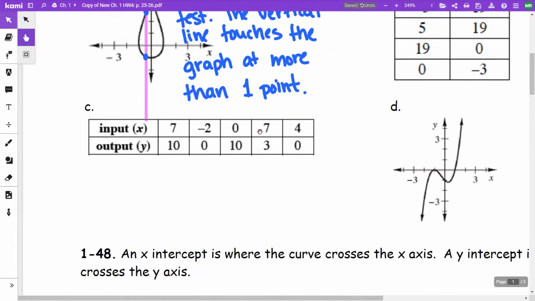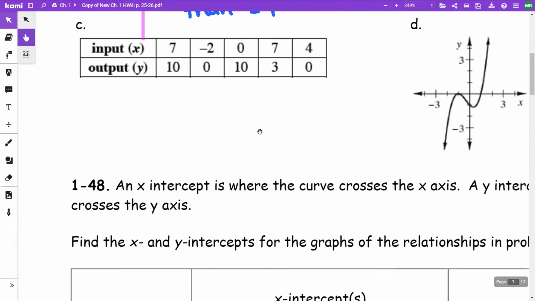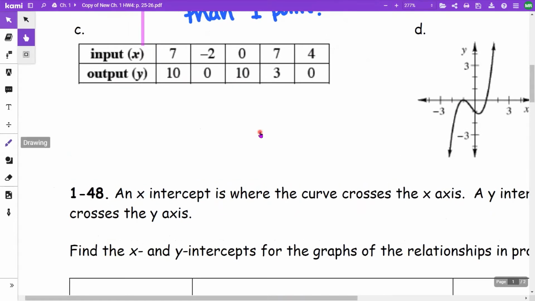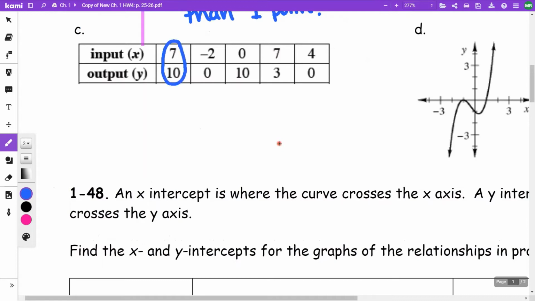Okay, on C, we have another table. Now, in this situation, I do notice right away that I have a 7 here and a 7 here. So since I have 7 going to 10, and then 7 also going to 3, this is not a function.